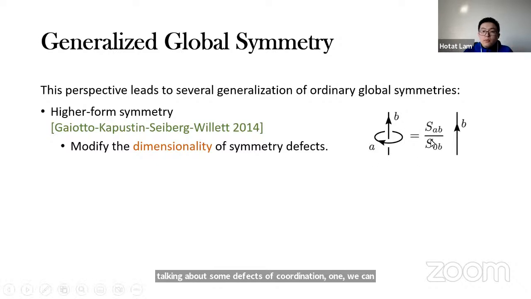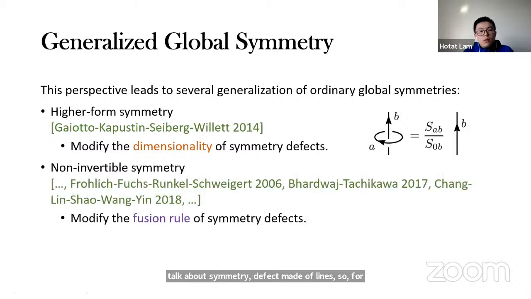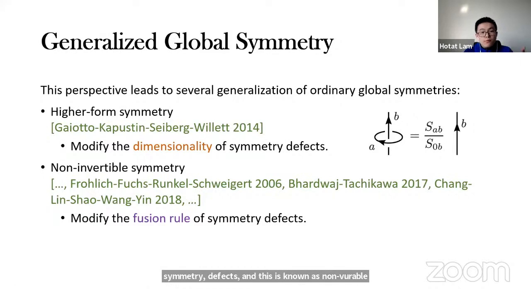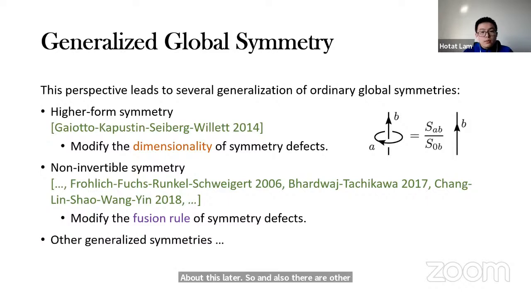For example, in 2+1D, instead of symmetry defects that are surfaces, we can talk about symmetry defects made of lines, so there can be anyons inside them. Somewhat orthogonal to these generalizations is to modify the fusion rule of the symmetry defects, and this is known as non-invertible symmetries. I'm going to discuss examples of non-invertible symmetry and say more about this later. There are also various other generalized symmetries one can discuss.